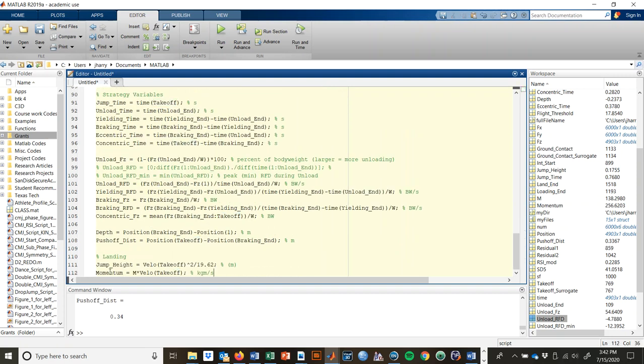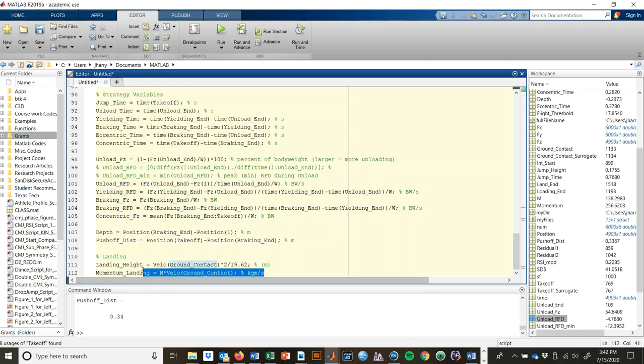So I'm just going to copy these two lines, change jump to landing, and then we'll add landing here to momentum. Then what we'll do is change this from takeoff to ground contact.